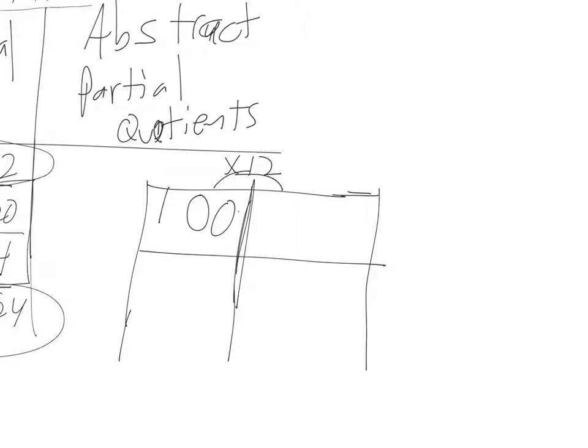So now, using the partial quotient method, we're looking at 11,544, and we want to get there by multiplying numbers by 12.